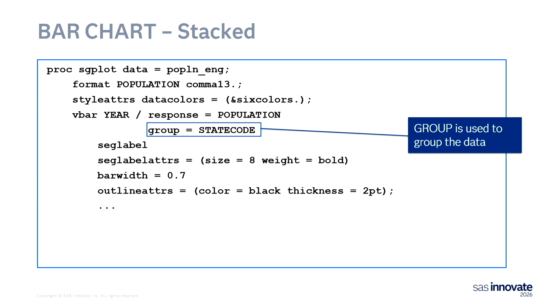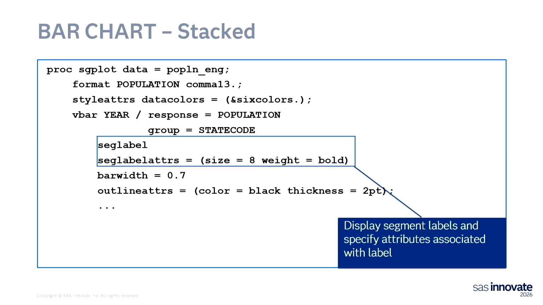We're then going to use the VBAR statement. As I mentioned, we can use VBAR for vertical bar charts or HBAR for horizontal bar charts. You have to have your category variable, and then we have a response. We want to group it. So if you recall, we had stacked bar charts. To get that, we're going to group it by those state codes.